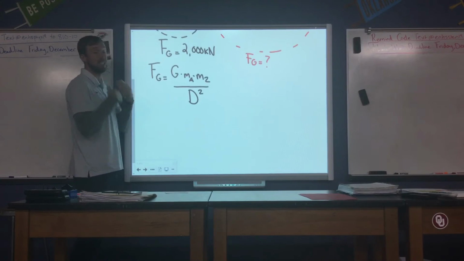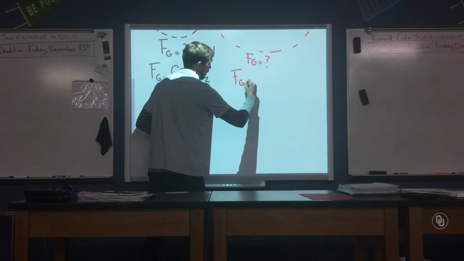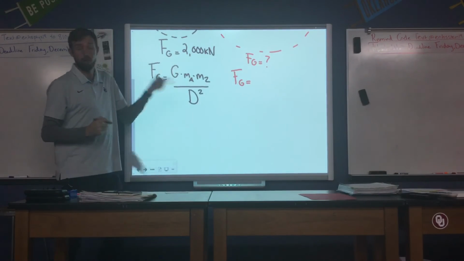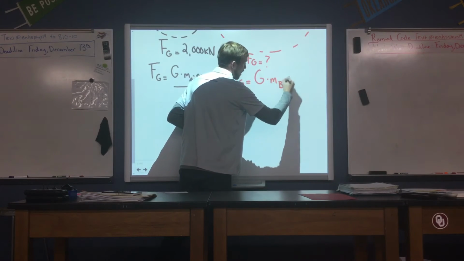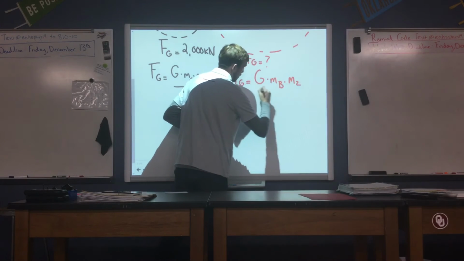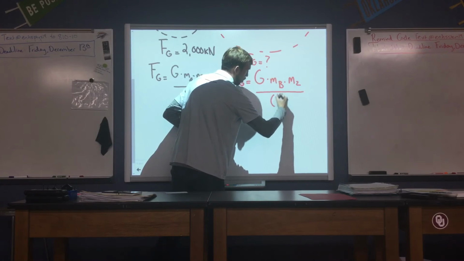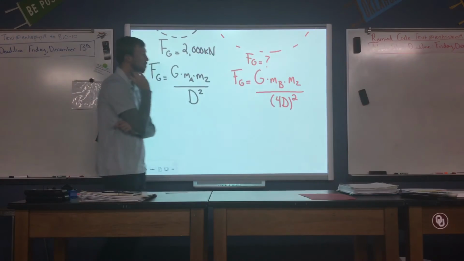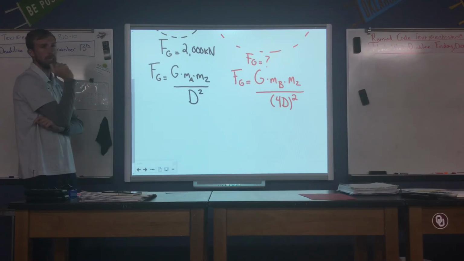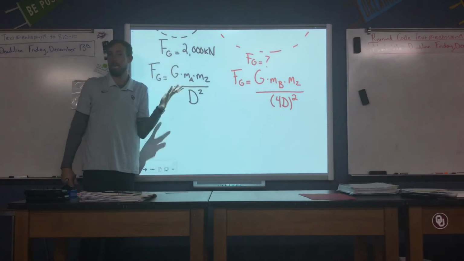Now, for the second satellite, satellite B, the force of gravity, and again, this is what we actually want to find. The force of gravity would be equal to our constant times the mass of object 1, let's say that's satellite B, times the mass of object 2, divided by, well, this is actually not D, but it's going to be 4D squared. Okay? Now, here's something that we're told. The mass of satellite A and the mass of satellite B are the same.